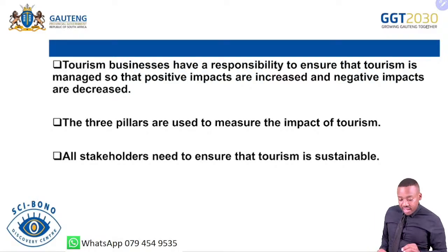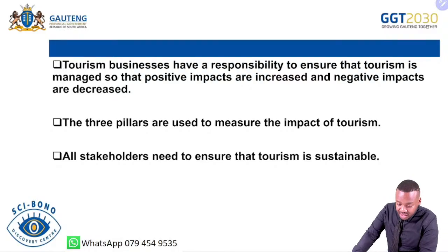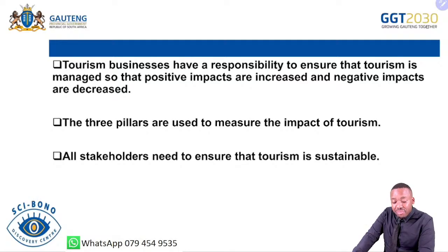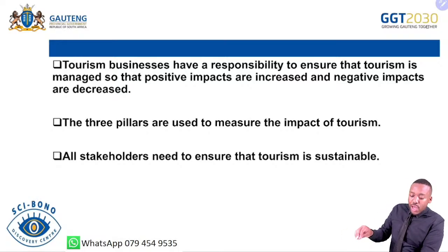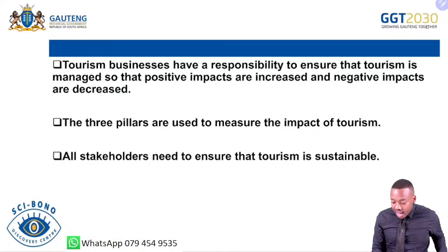So what are we saying now here? We are saying tourism businesses have a responsibility to ensure that tourism is managed so that positive impacts are increased and negative effects are decreased. That's the aim. So the 3 pillars are used to measure the impact of a tourism business where?